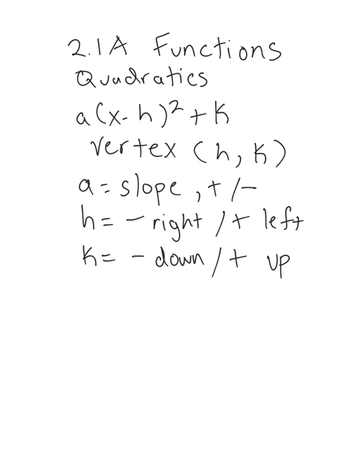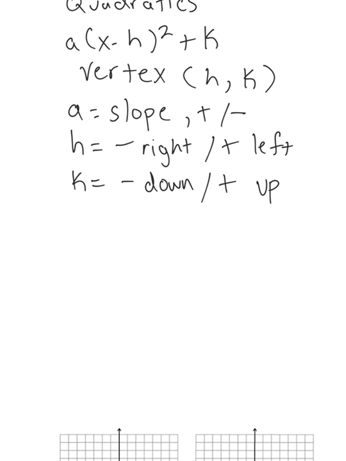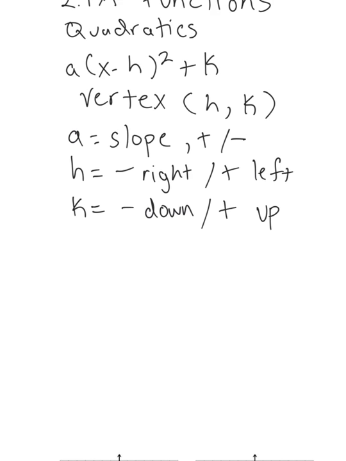If we are given, let's say, a simple quadratic and they want us to turn it into standard form, we have to complete the square. So let's say we are given x squared minus 3x plus 5.